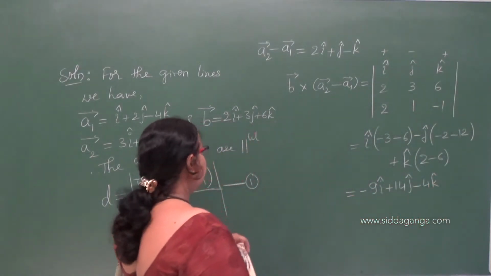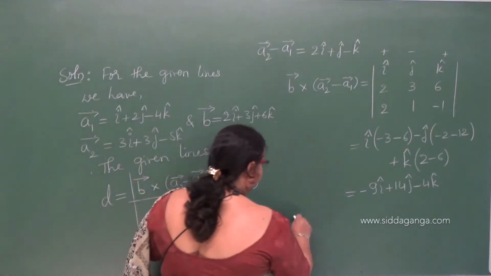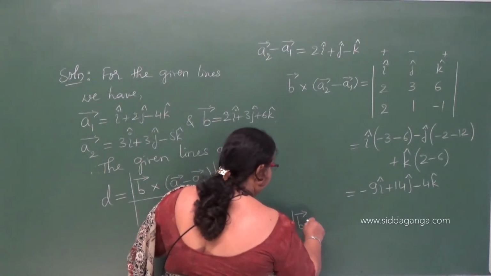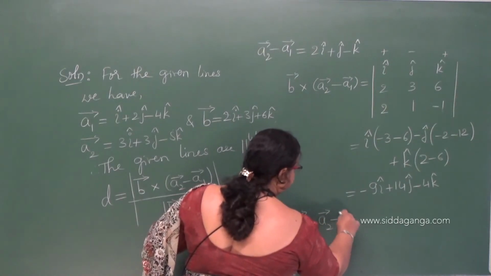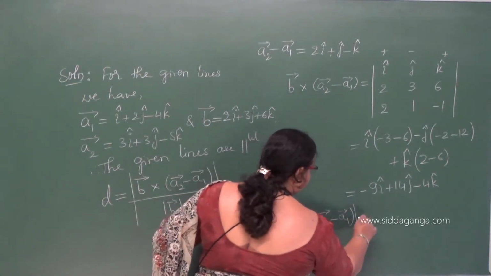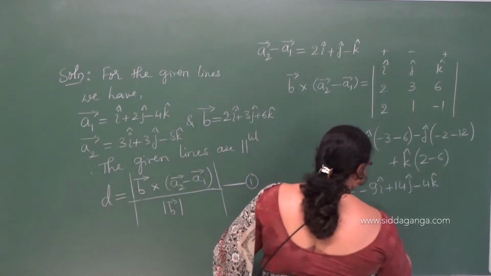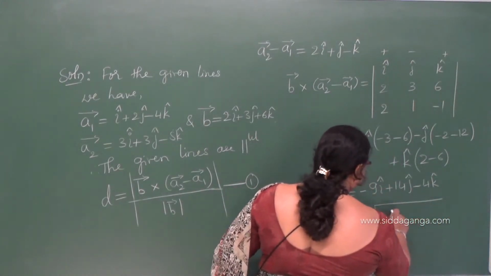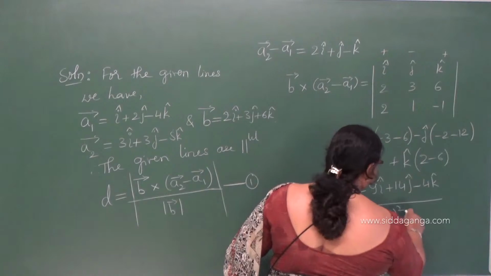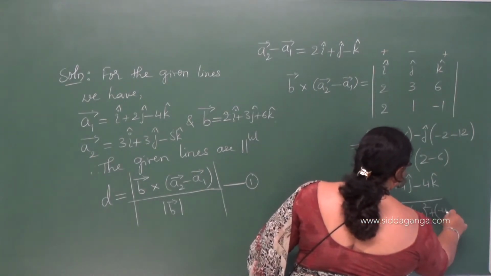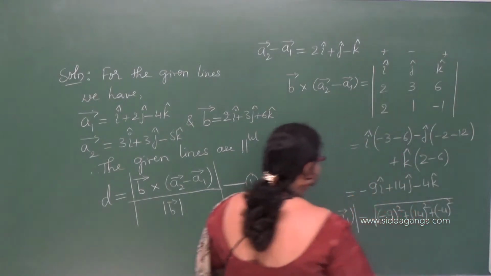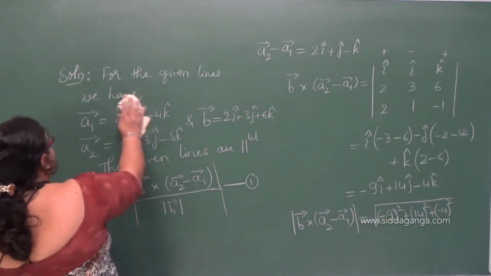Now let us find its magnitude. Therefore magnitude of the vector is root of minus 9 whole square plus 14 square plus minus 4 whole square.